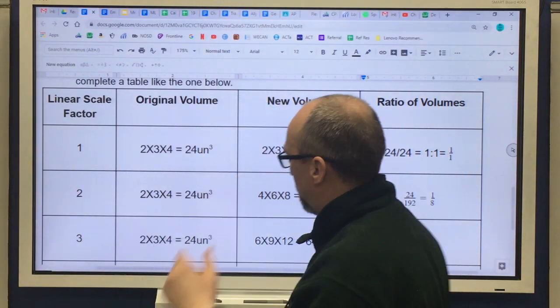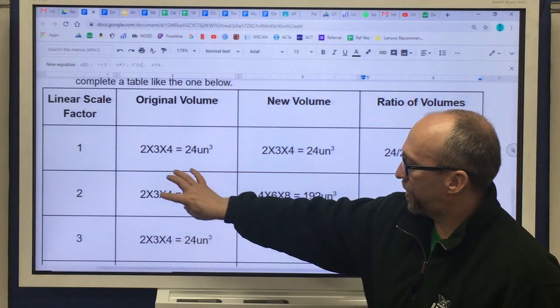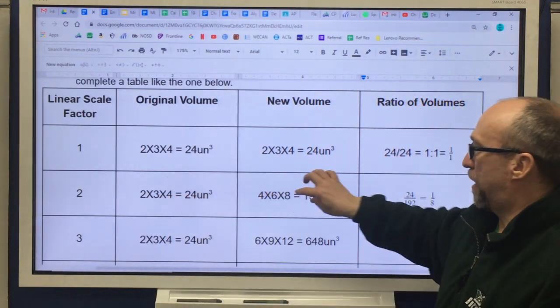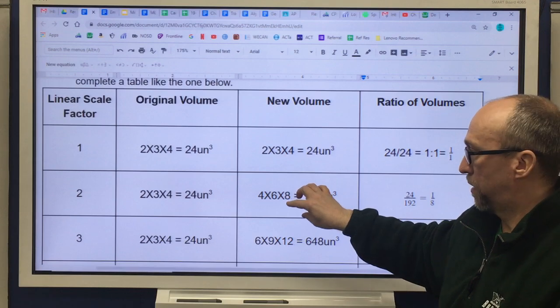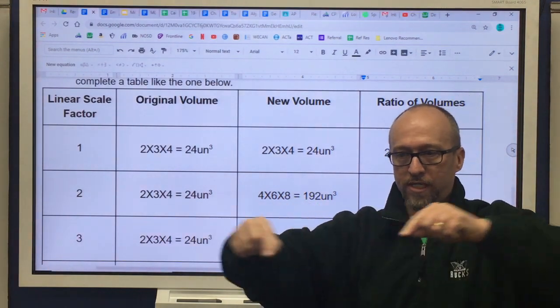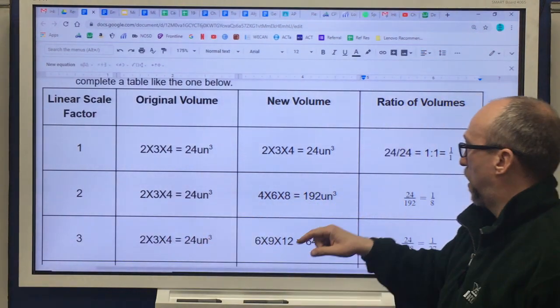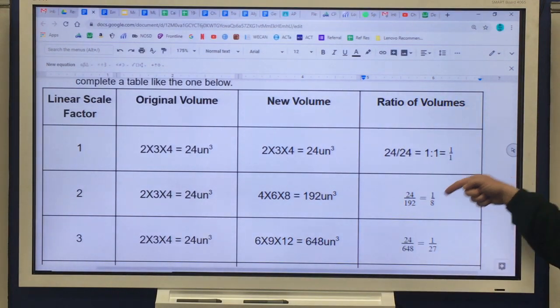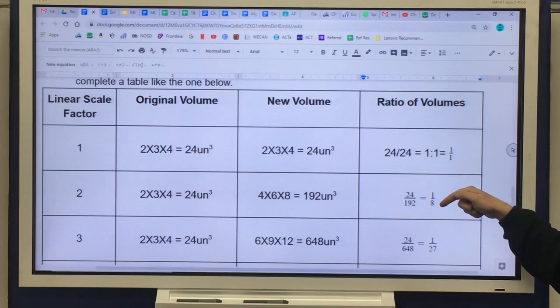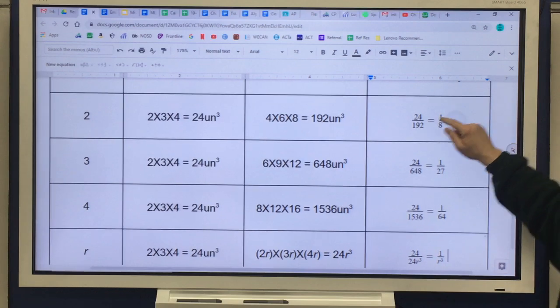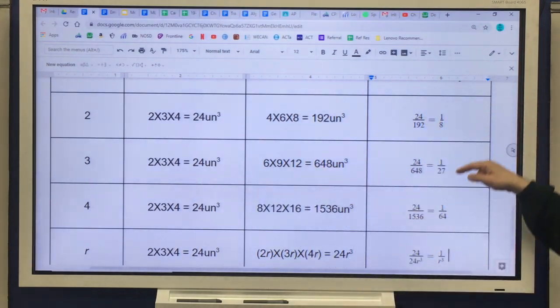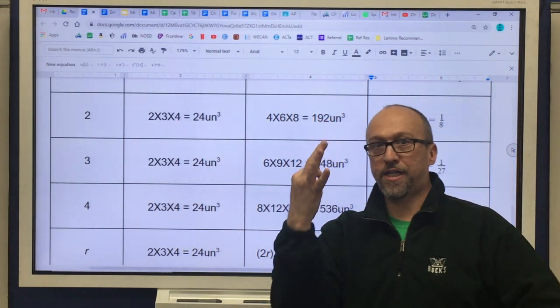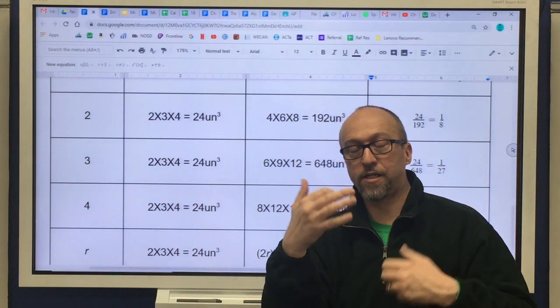Because here's what happened. When I took the original box and I doubled its dimensions, I made it twice as wide, twice as long, and twice as tall, I didn't have twice the volume. I had 8 times the volume. That's what this is telling me. When I tripled the sides, I had 27 because 3 times 3 times 3 is 27.